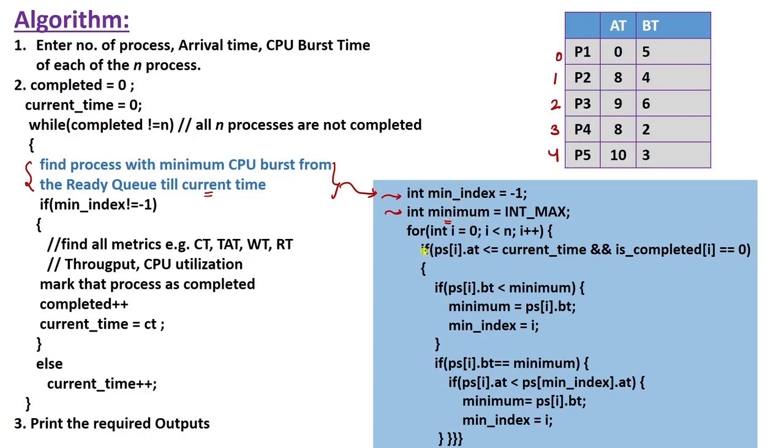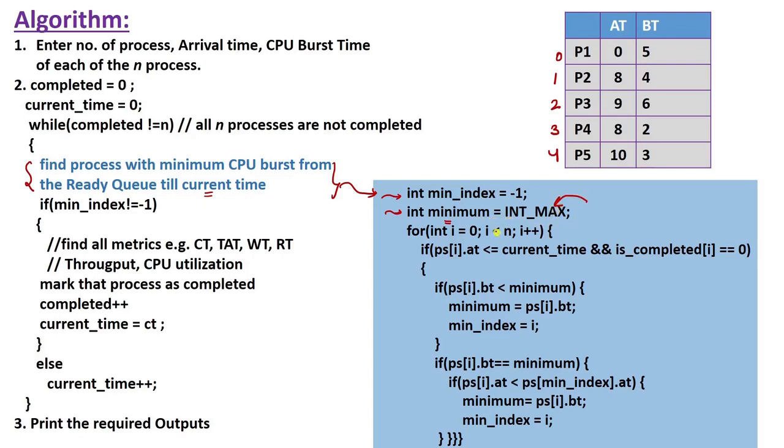Now what we are doing is, initially, what is the invalid index that we can store inside the minimum index? We can just store -1, because -1 is an invalid index. We can initialize it this way. As the minimum variable will store the minimum CPU burst time, I am initializing it with the maximum value.